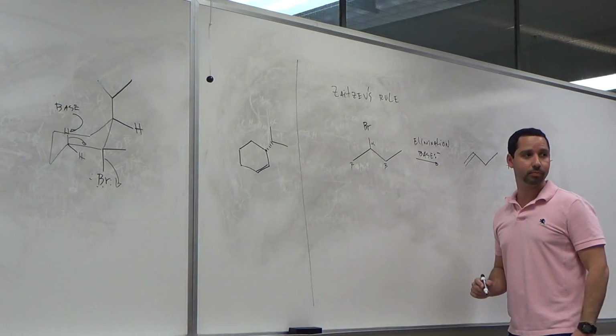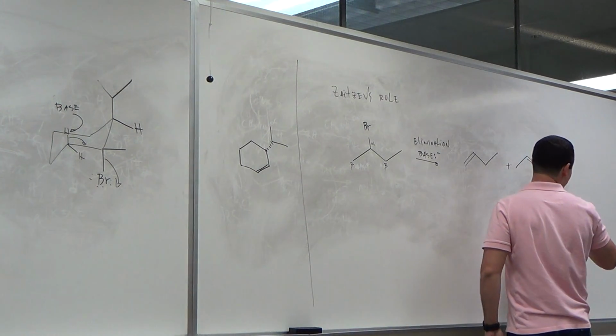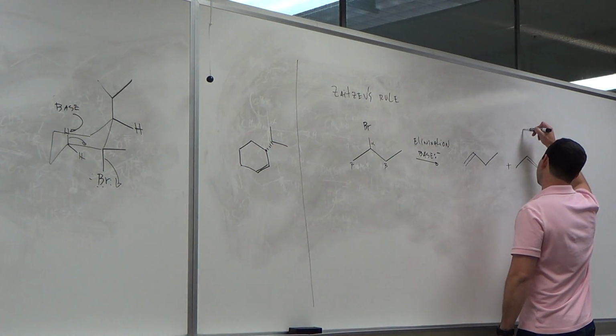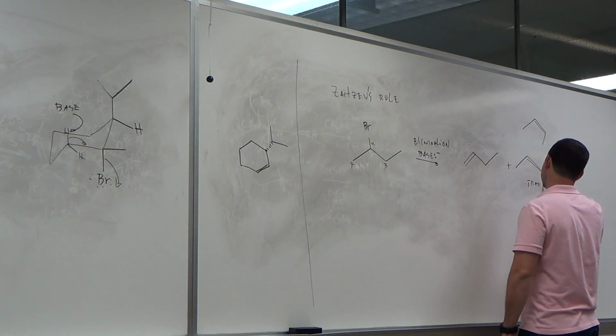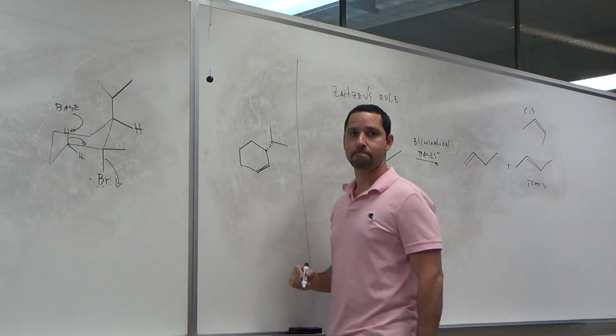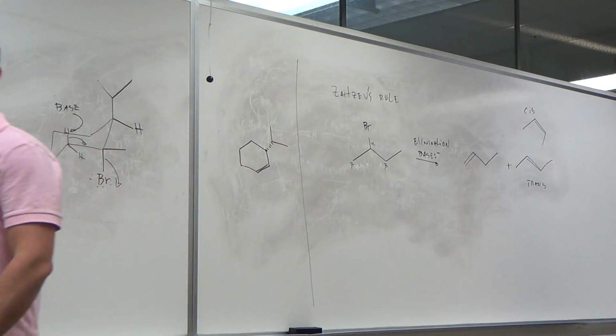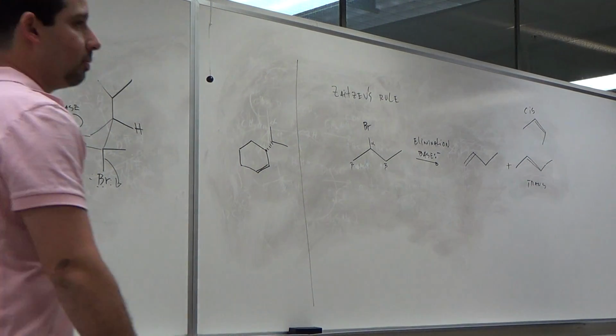Yes or no? Okay? And if this thing rotated, it could form another double bond. This is trans, and this is cis. And both of those, cis and trans, are what type of substituted double bonds?